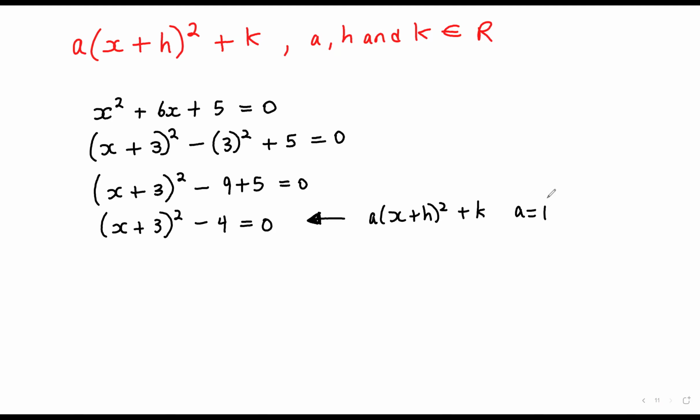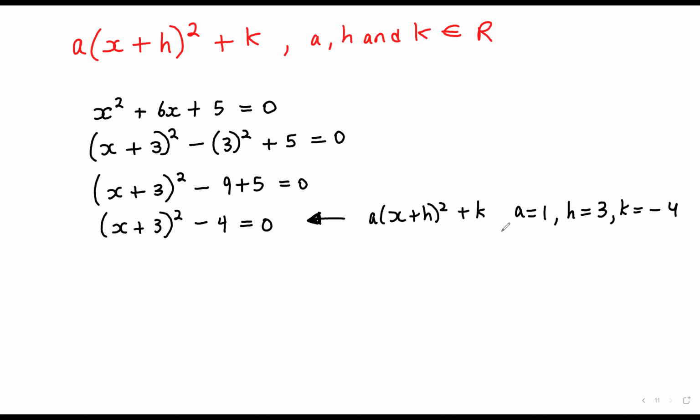The coefficient of x squared there is 1. H is equal to 3, and k, in this case, is equal to negative 4, right? So this is how CXC would ask you the question: to write the equation in the form a by x plus h all to be squared plus k. This is the most popular way that they ask it, right?